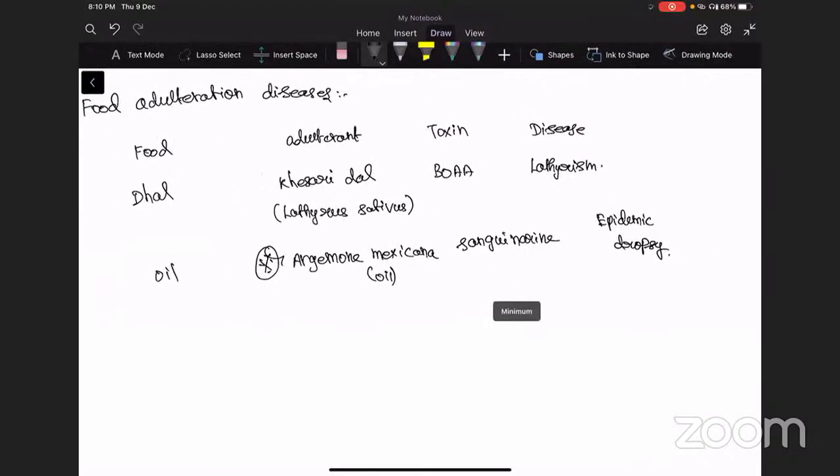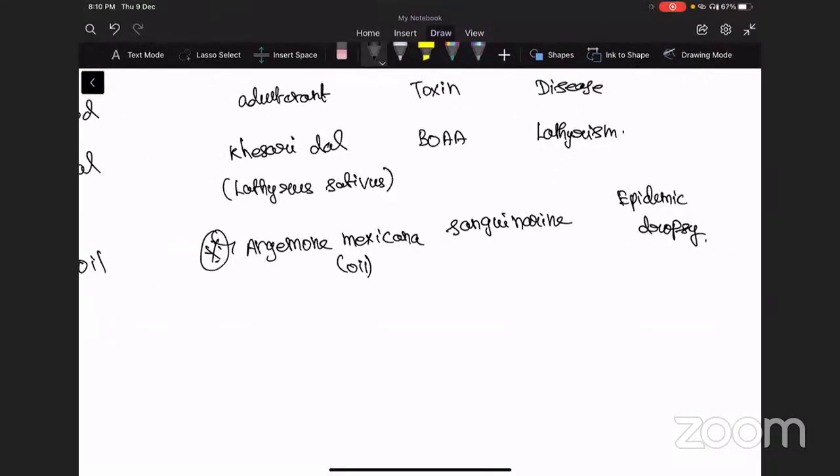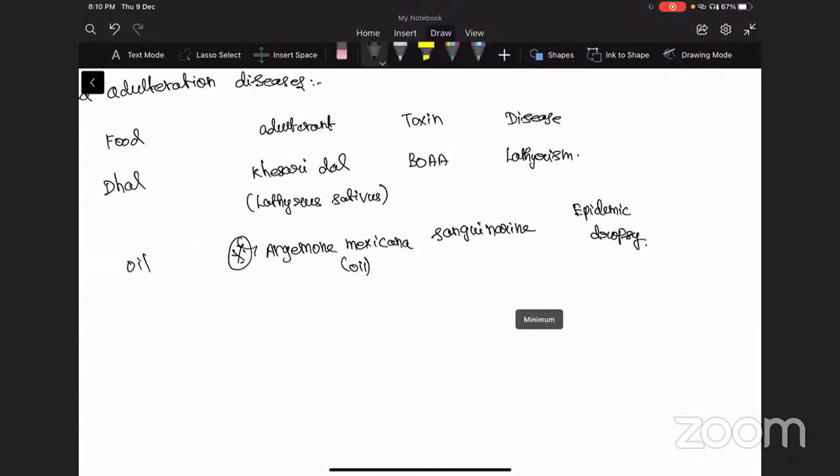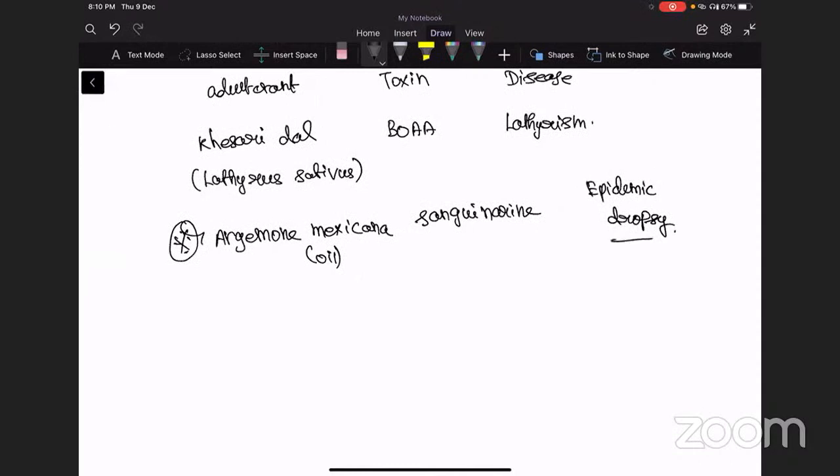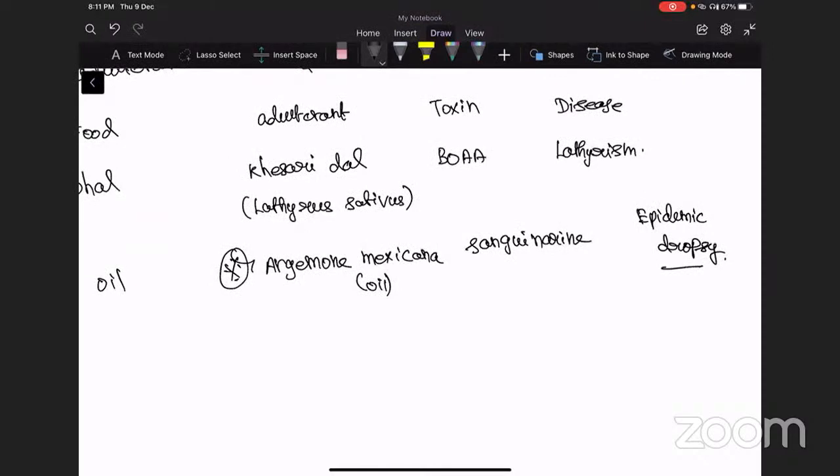They can give you an image-based question also on Argemone mexicana adulterant usage or on epidemic dropsy. In dropsy, water levels in the body increase. There's going to be edema, glaucoma, edema of bilateral upper limb and lower limb. They can give you the image of bilateral upper or lower limb edema, and say a patient is currently using anti-glaucoma drugs, and ask you to list out the toxin or the adulterant.